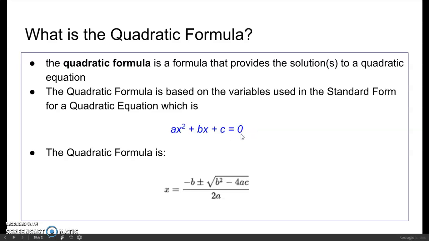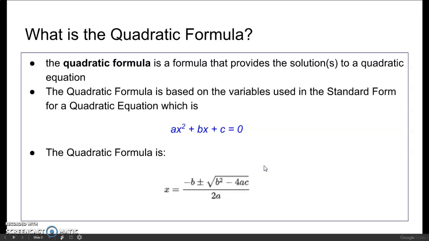We're setting it equal to 0 because remember, when y is equal to 0, that's when we get the x-intercepts, or what we call the roots. And that's the whole point, is to figure out x when y equals 0. That's what the quadratic formula does. So it's a quicker way to find the x-intercepts, or the roots of the equation.